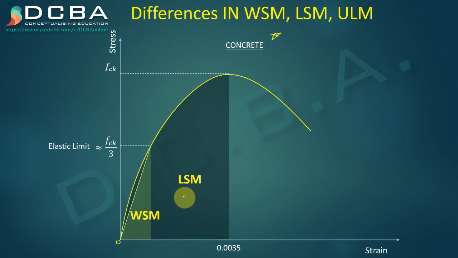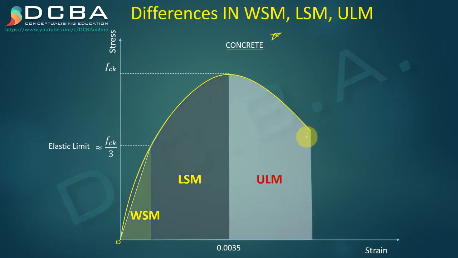And for ULM we go till the last point. So the entire strain energy of the concrete is being utilized in the ultimate load method. This much energy is being utilized in the limit state method, and only this much energy is being utilized in the working stress method. So you can see which is the safest of them all. In working stress method we are only utilizing this much, and this entire remainder is reserved energy which we have not yet used.